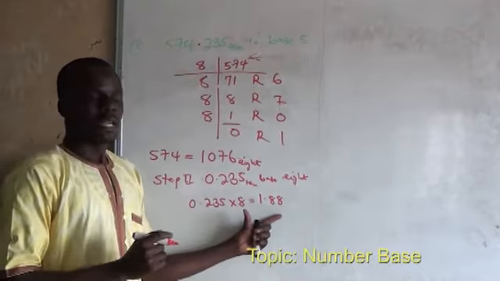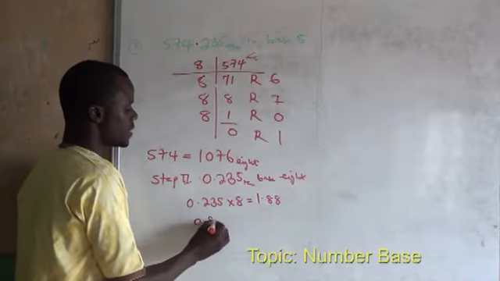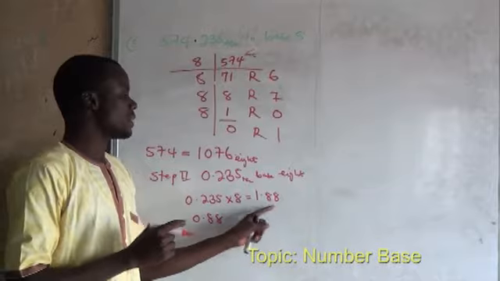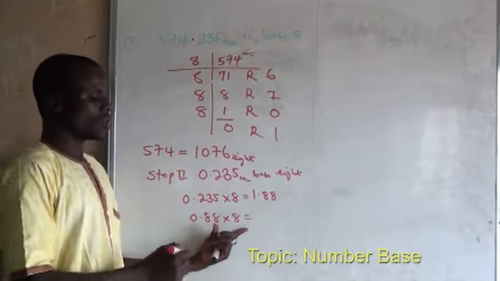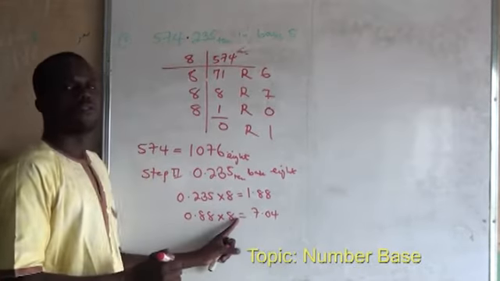1.88. Then secondly, we continue, we take 0.88, the decimal part from the first one, and we still multiply by 8. This one gives us 7.04.